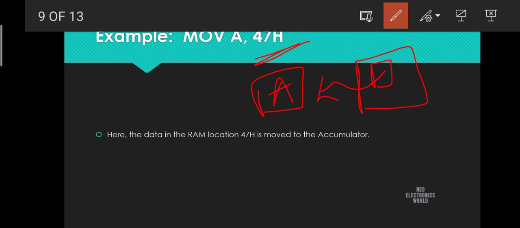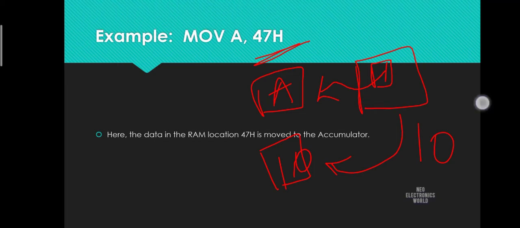If the data was 1, this 1 will go to the accumulator and the content of the accumulator will become 1. If it is 10, the accumulator will be 10.